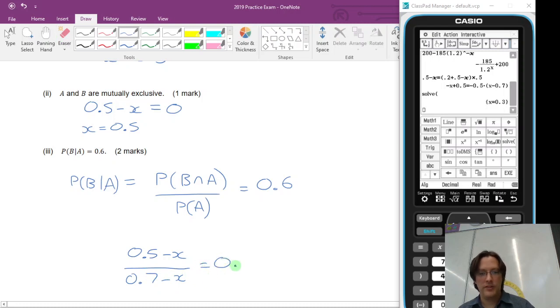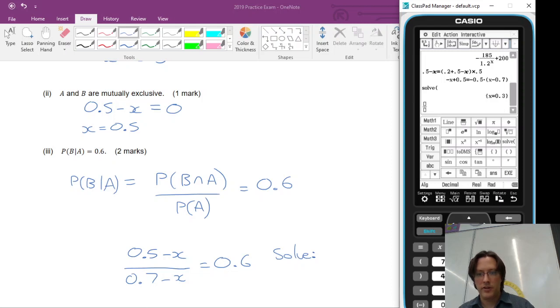Equals 0.6. Let's just solve that. And let's just draw that as a fraction. 0.5 minus x over 0.7 minus x equals 0.6. Solve. 0.2.